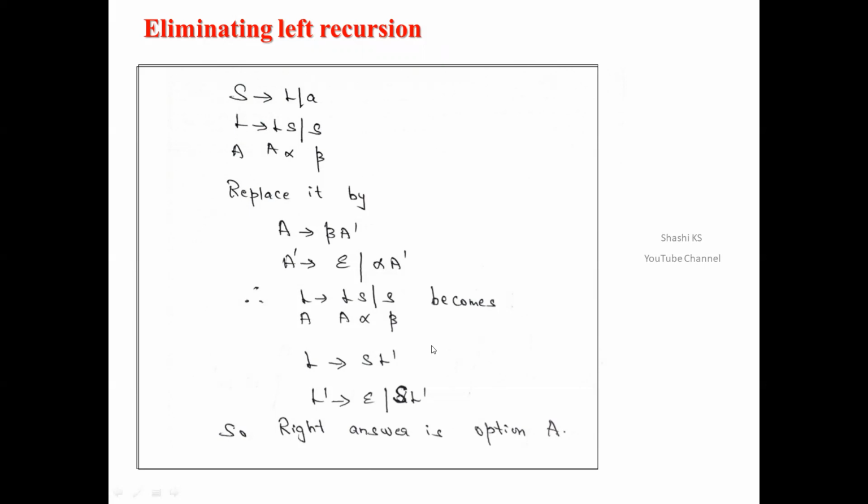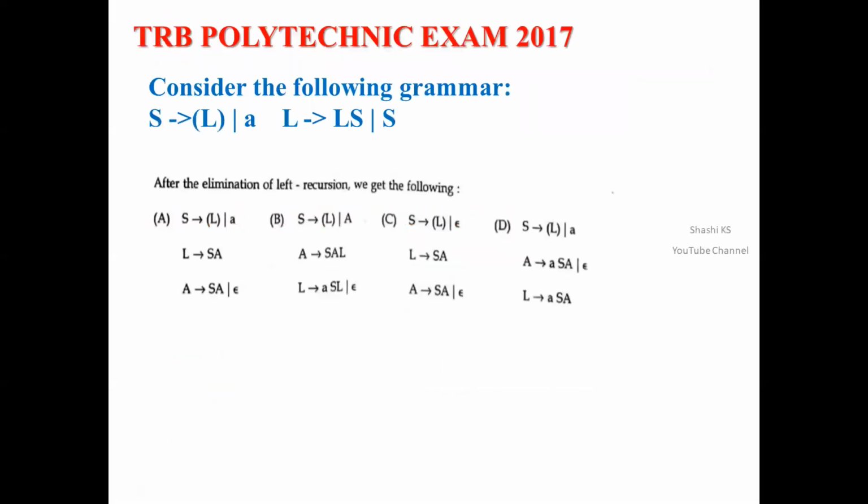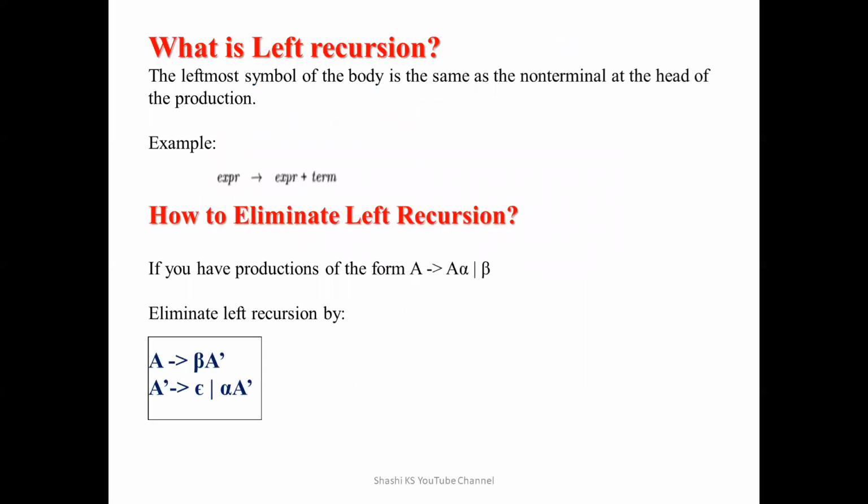When we apply it, we get L derives S L dash and L dash derives epsilon or S L dash. Now coming back to our question, there is nothing which exactly matches, but instead of L dash, they have written A here. So L derives S A, and instead of L dash derives S L dash, they have written A derives S A. So option A matches with the answer we have got. So the right answer for this question would be option A.